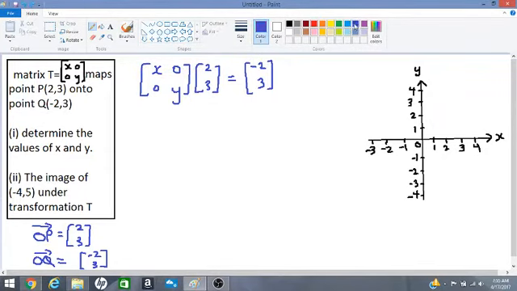Let's do that. So we have x times 2 plus 0 times 3 on top is equal to -2.